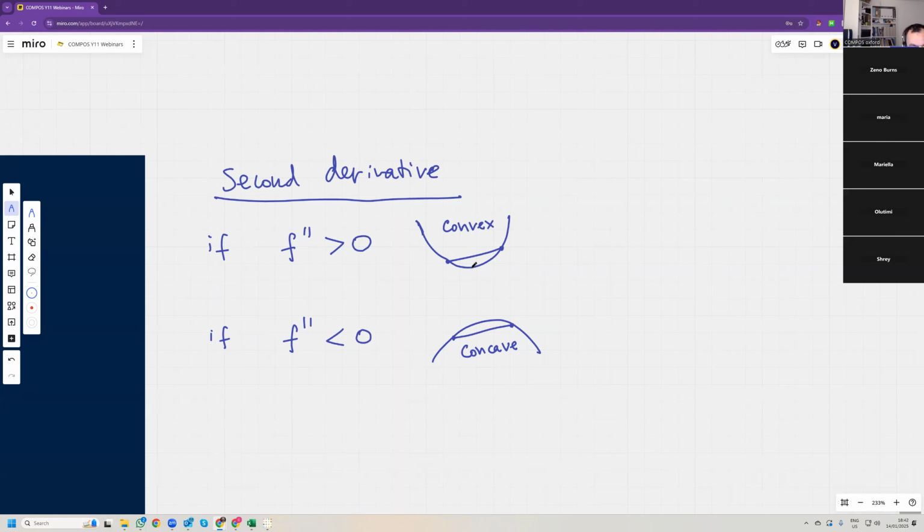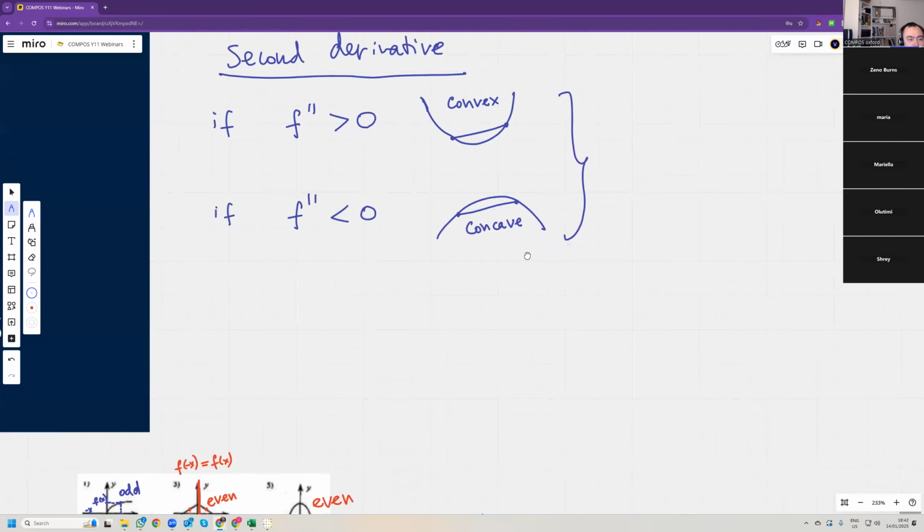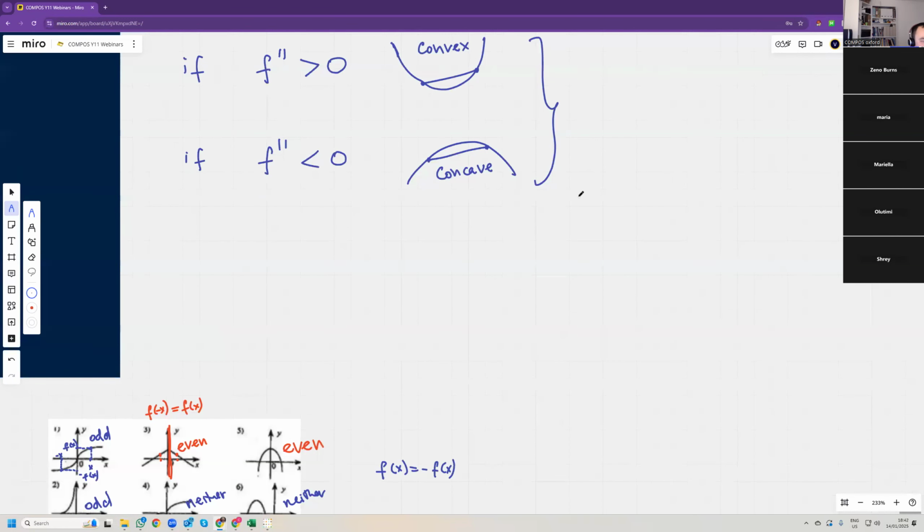So if you have a stationary point and a function is convex, then it's a minimum point. And if you have a stationary point and the function is concave, this is a maximum. So you have a maximum point if the first derivative is 0 and the second derivative is negative.